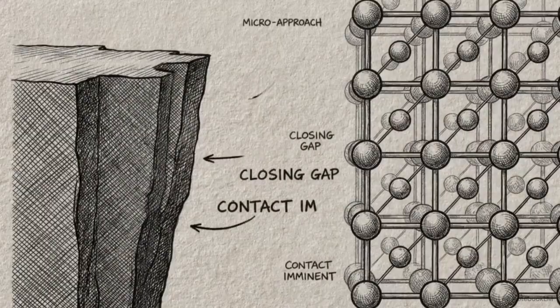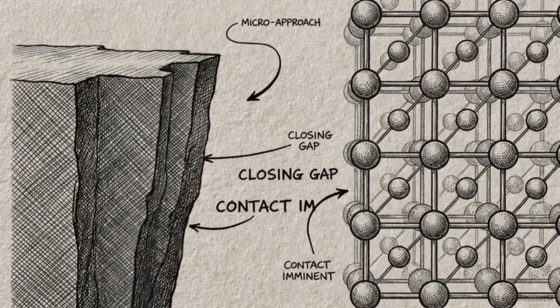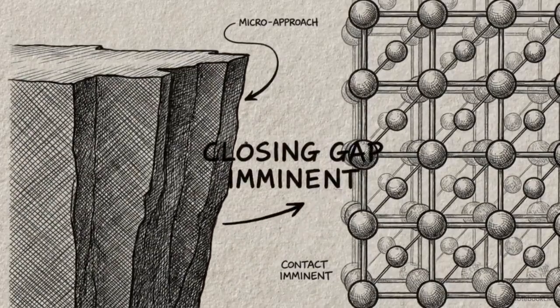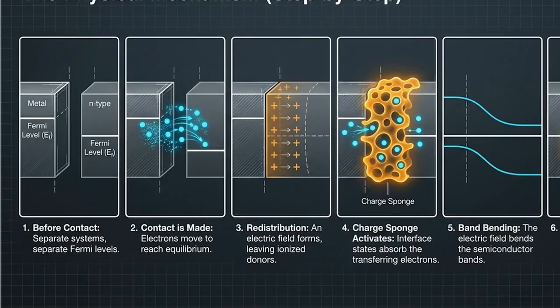To understand why this happens, we have to look at the exact atomic physics occurring the millisecond a metal touches a semiconductor. This diagram illustrates the timeline. Before contact, the metal and semiconductor have completely independent Fermi levels. The moment they touch, electrons surge across the boundary to establish a shared equilibrium.